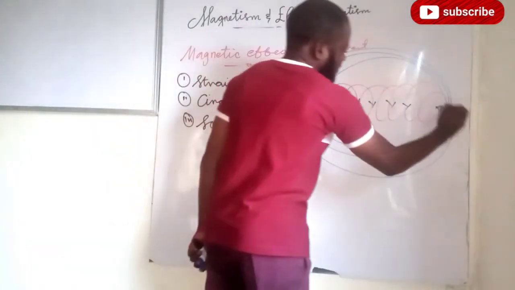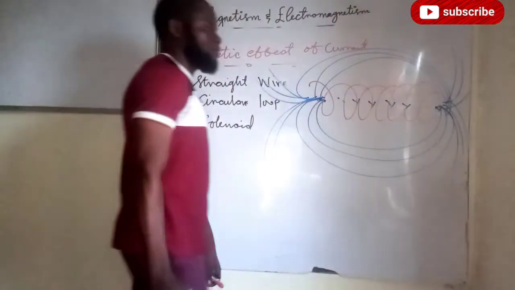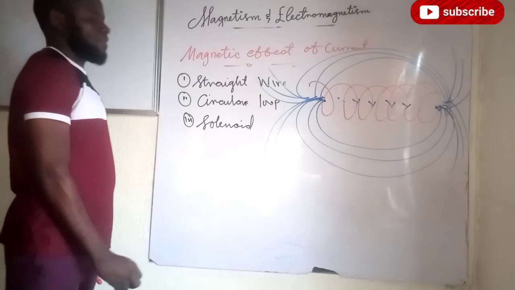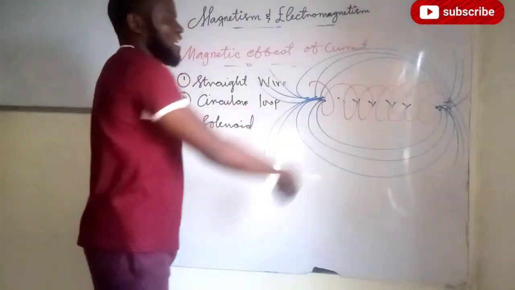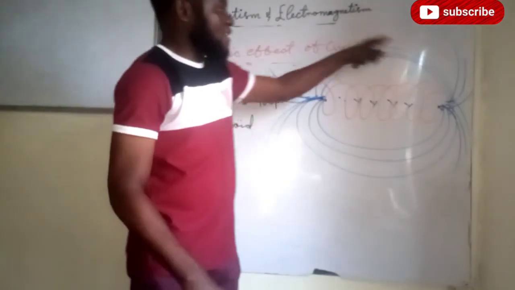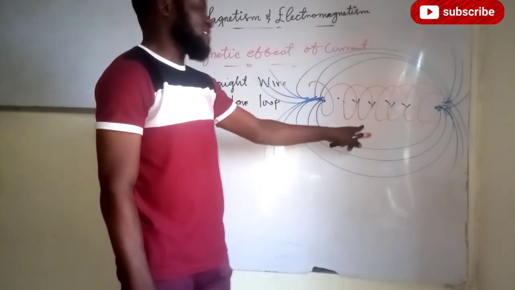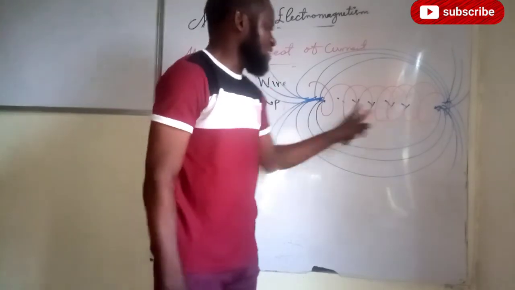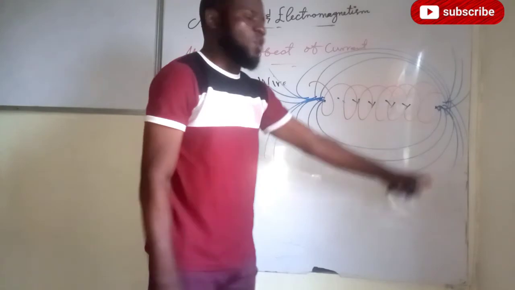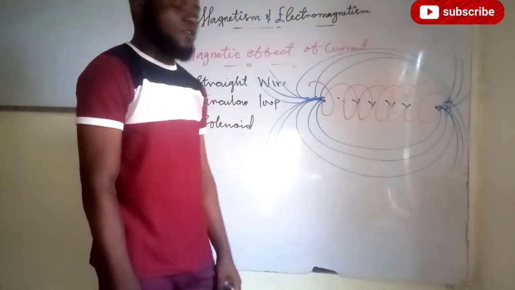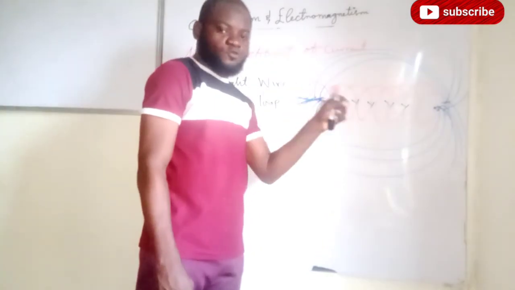This is how the magnetic field of a solenoid lies. Now, how will I fix my direction line? It means for me to fix the direction of this line, I need to know the north pole and the south pole, that is, the ends of this solenoid that correspond to north and south. How can I discover that? I will use the clock face rule.